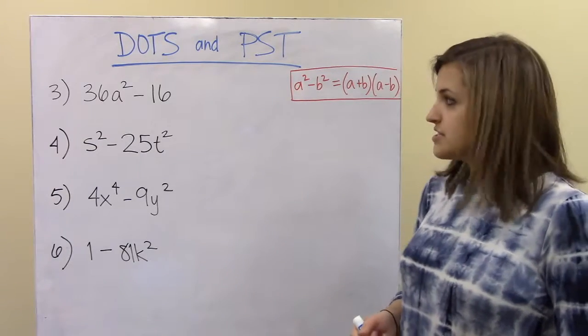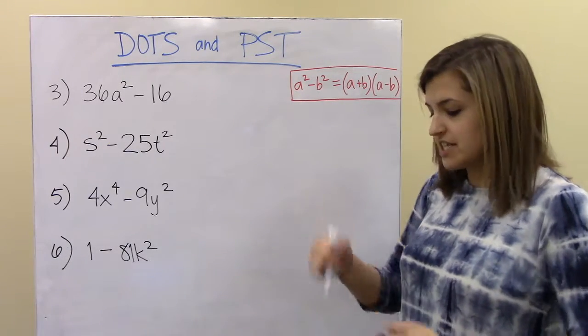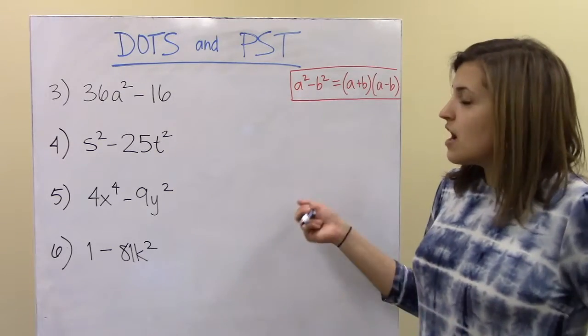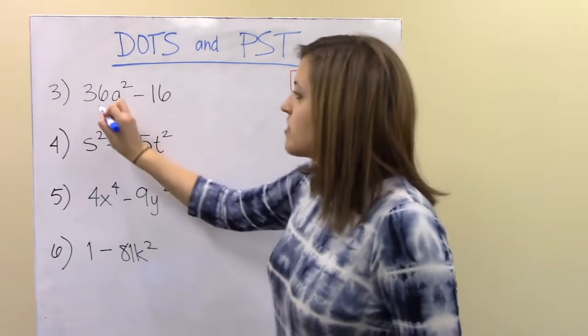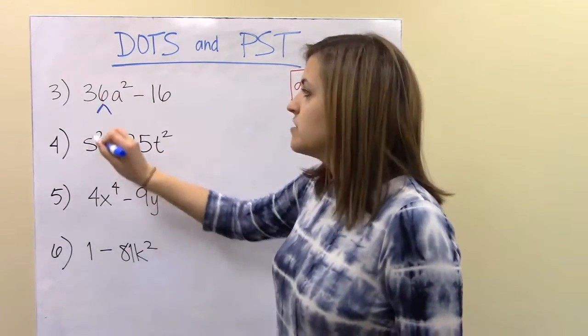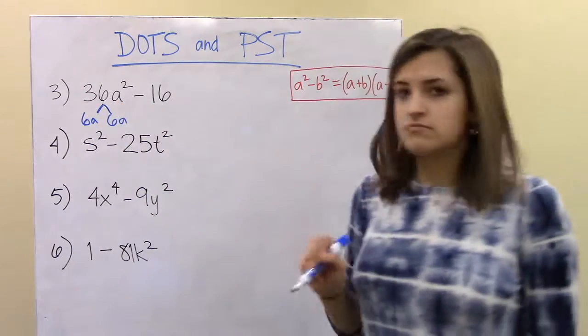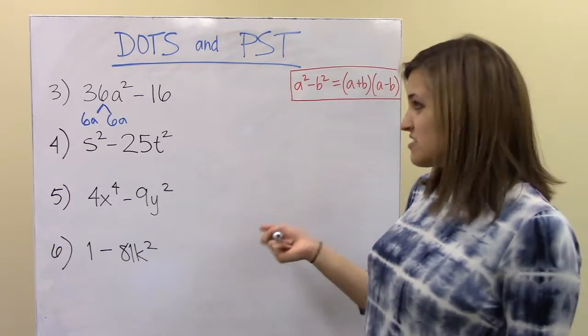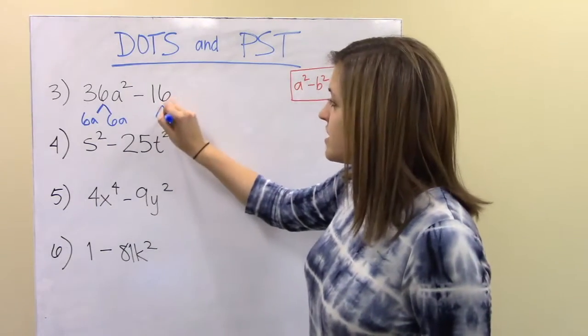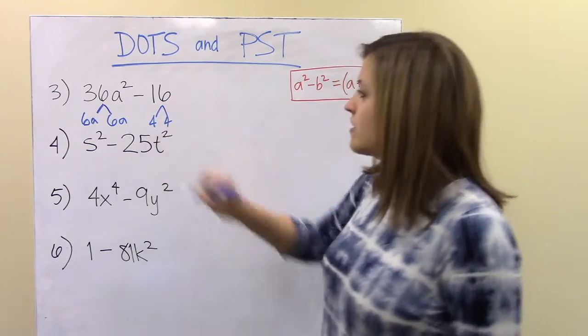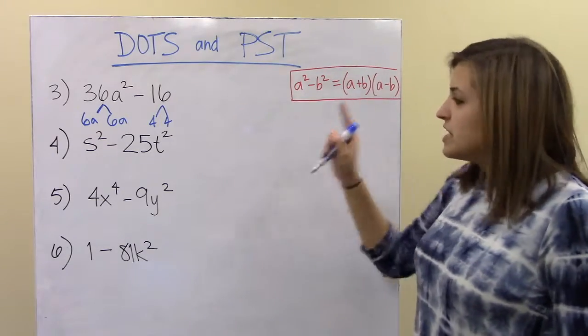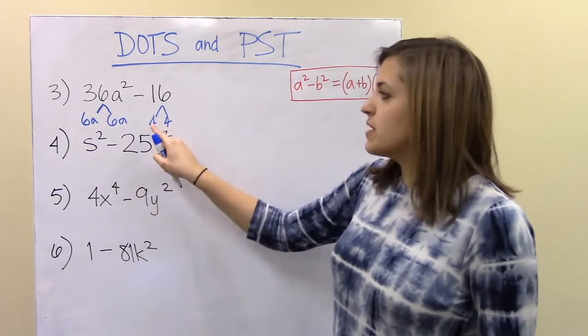We have 36a squared minus 16. I can first recognize that 36a squared is 6a times 6a. Also, 16 is 4 times 4. So I already have my a term and my b term.